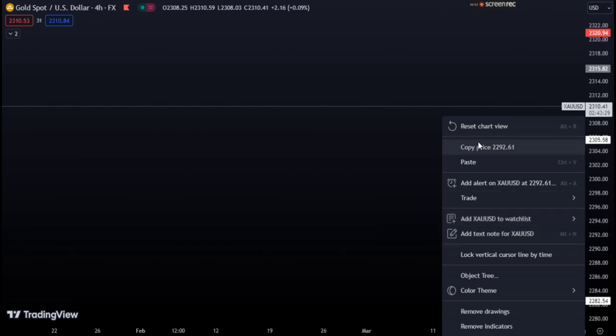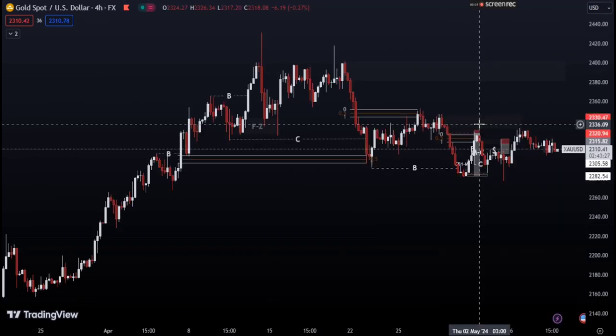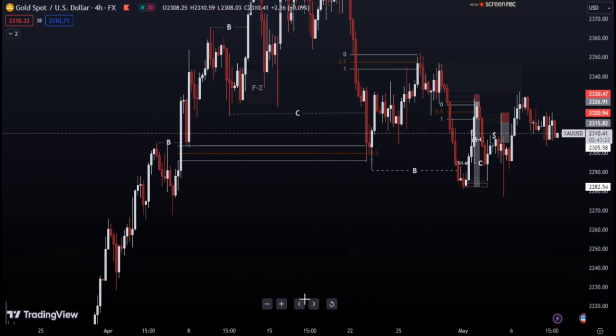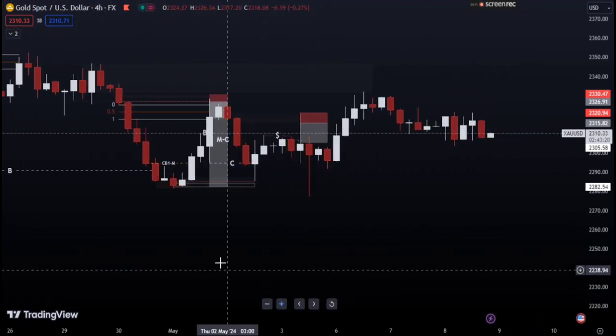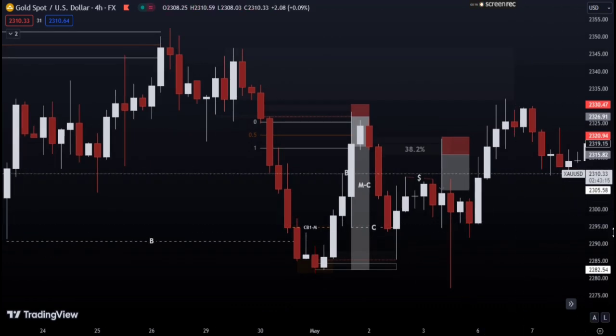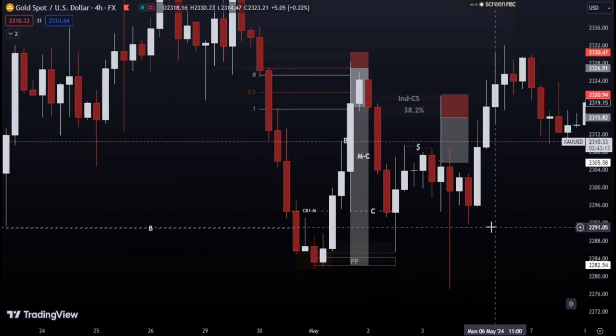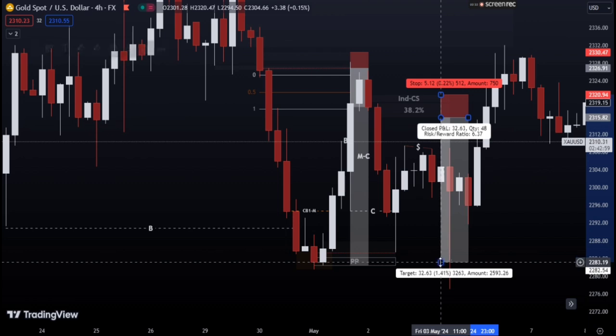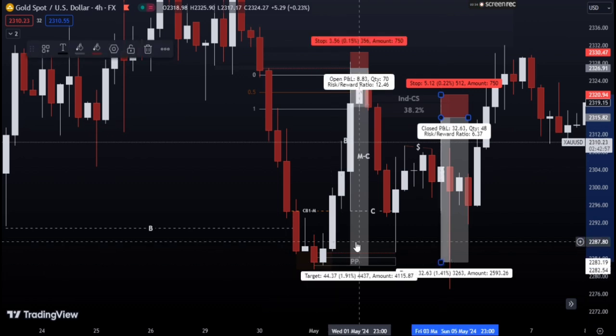So the H4, the reason why I go here is that I want to see, or matter of fact, I want to validate my entry level, and I want to validate my take profit level, which I said is going to be at this point, because here it was on a 50-minute chart.